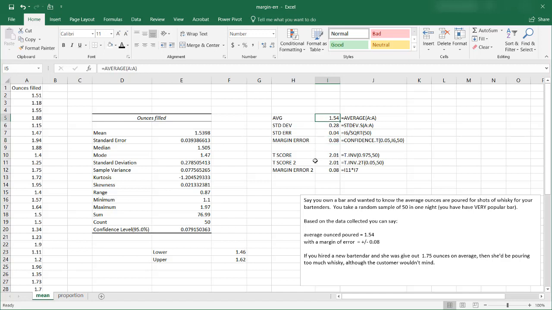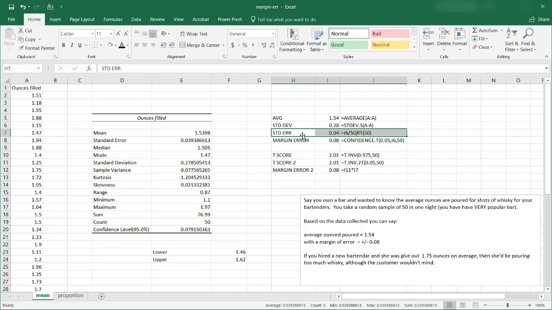A third way is to get your t-scores. You can either get your t-scores from a table or get your t-scores with the t.inv or t.inv.2t function. And once you have your t-score, you would multiply it by the standard error, which is that function.